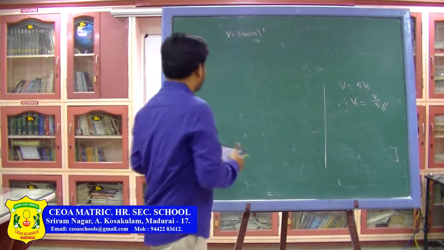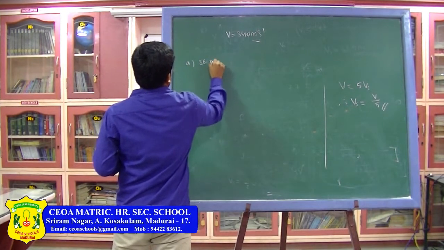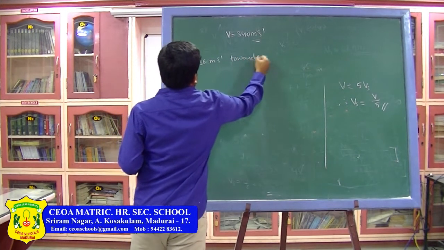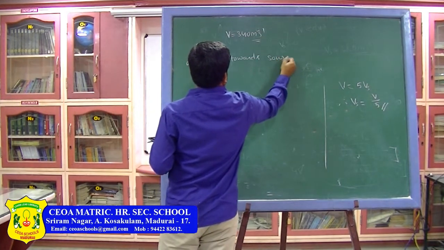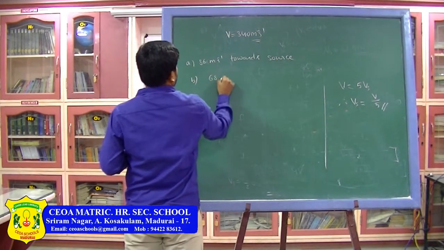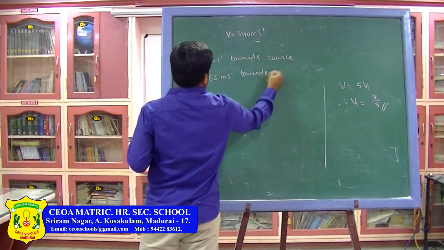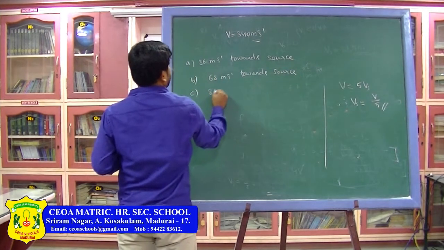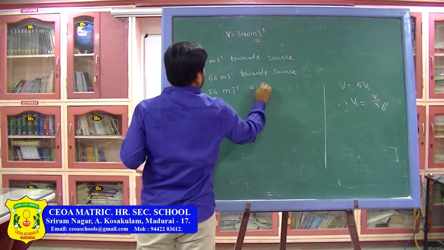So, the options are given like this. Option A: 86 meter per second, observer towards source. Option B: 68 meter per second towards source. Option C: 86 meter per second away from the source.